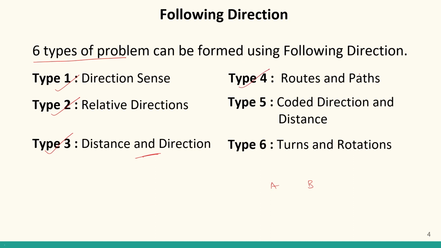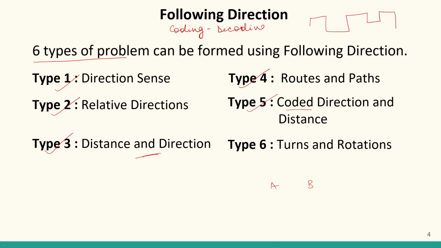Then routes and paths. In routes and paths, we get questions which involve solving the question in such a way that a complete path is formed, and based on this path, we have to answer the question. So this is also one type. Then coded direction and distance. In this type of questions, we basically use some codes. If you remember, we did a topic called coding decoding.